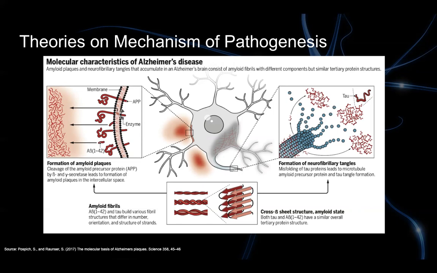As these defective microtubules and tau accumulate, they start to form the neurofibrillary tangles, and these get deposited on the neurons. This is depicted here on the right side. As these neurofibrillary tangles get deposited on neurons, they reduce the number of synapses. They can cause neurotoxicity and result in overall cellular dysfunction.